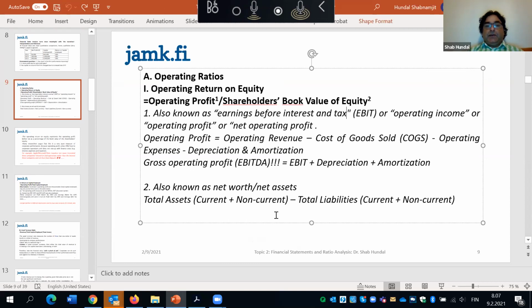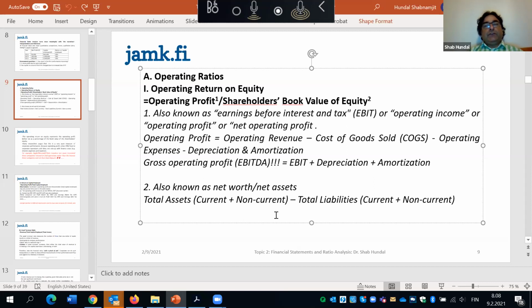Why we call them net assets or net worth is that if your company's book value is 100 euros and you have borrowed 60, so the debt is 60 euros, it means that if you want to repay all the debt, what you're left with is 40 euros. So that is the net worth.